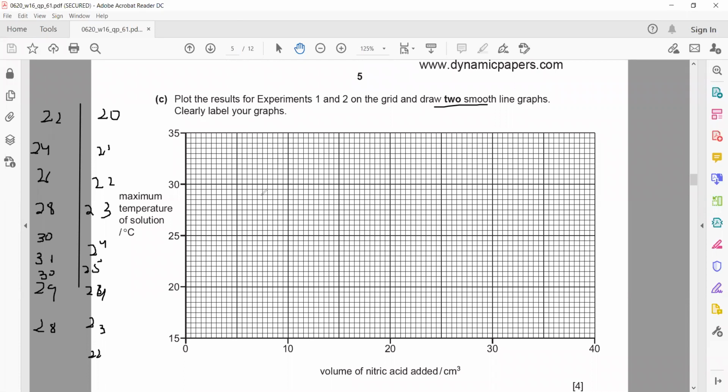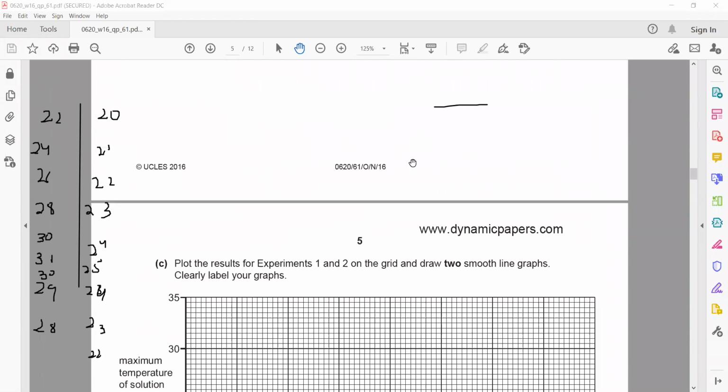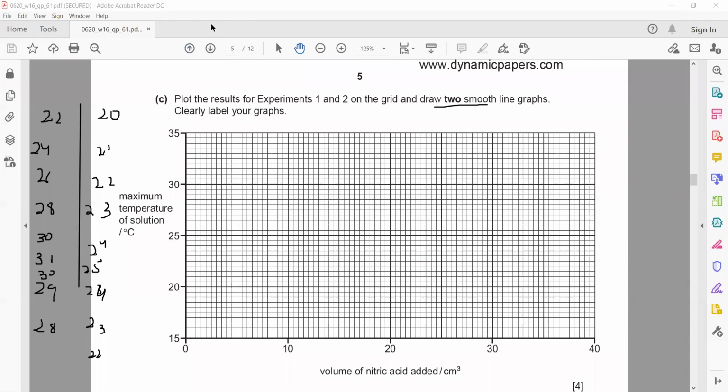So on the grid, we have to sketch a graph. As you can see, each value is for the volume 0, 5, 10. So for the first experiment, when it was 0, the initial temperature was 22. Each box is representing, two boxes equals 1. So this one is 21 and 22. So I have 22 here.